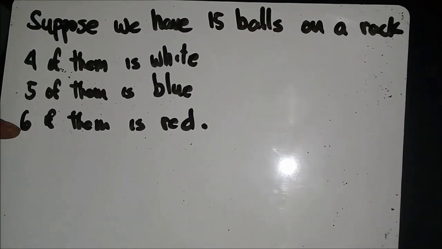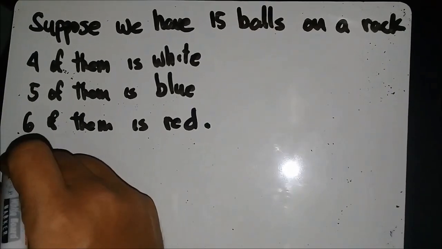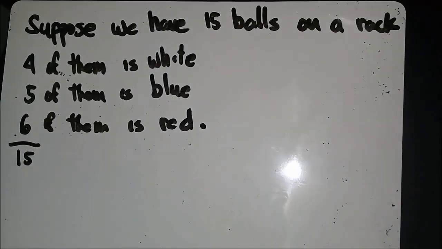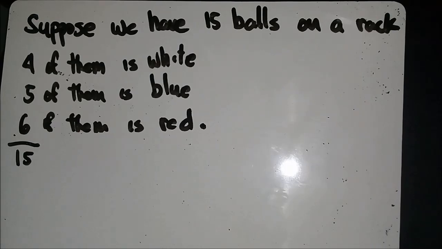So 4 plus 6 plus 5 gives 15 balls on a rack. How many possible permutations can we arrange?